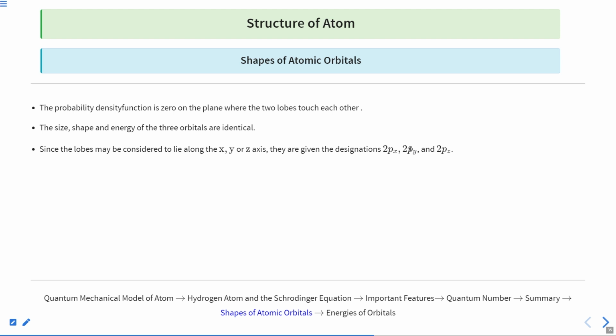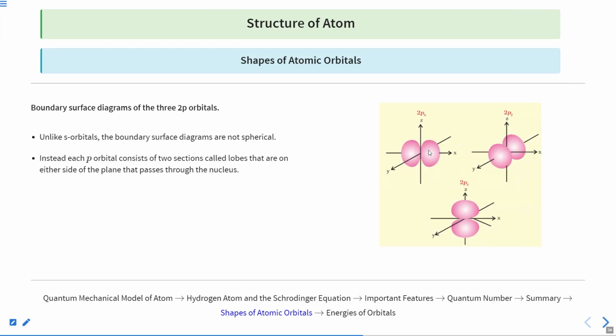Now, since the lobes may be considered to lie along the x, y, z axes, they are referred to as px, py, and pz. Here the dumbbell shape is aligned along the x-axis, therefore it is px. In this case it is aligned along the y-axis, that is py. In this case it is aligned along the z-axis, that is pz. So this is the shape of p orbital.